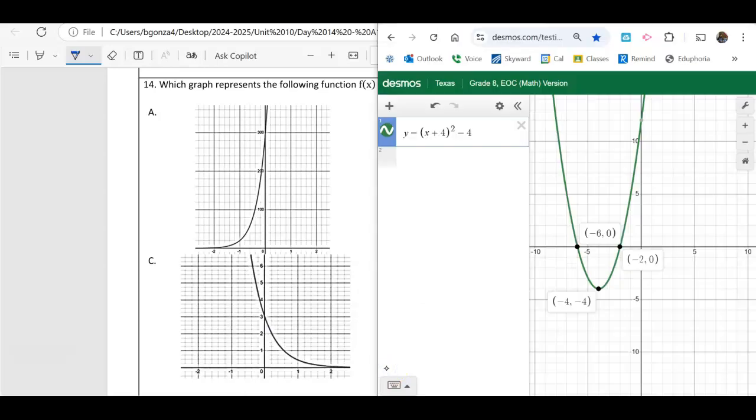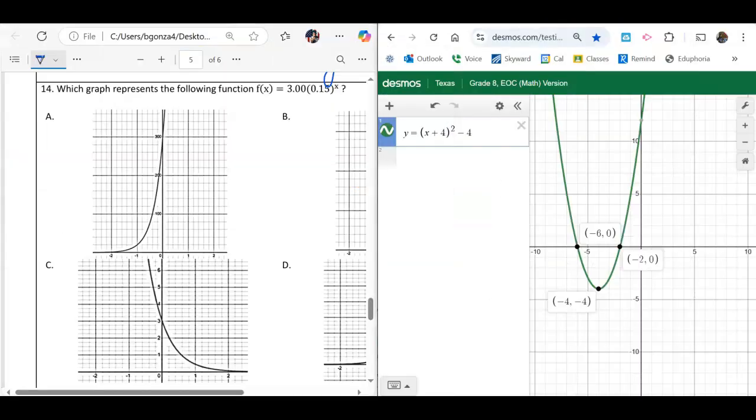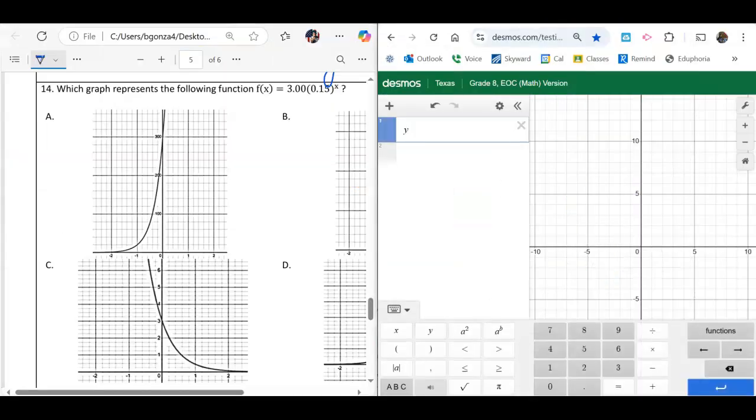Okay, so the graph we're looking at here is 300, 0.15 to the power of x.